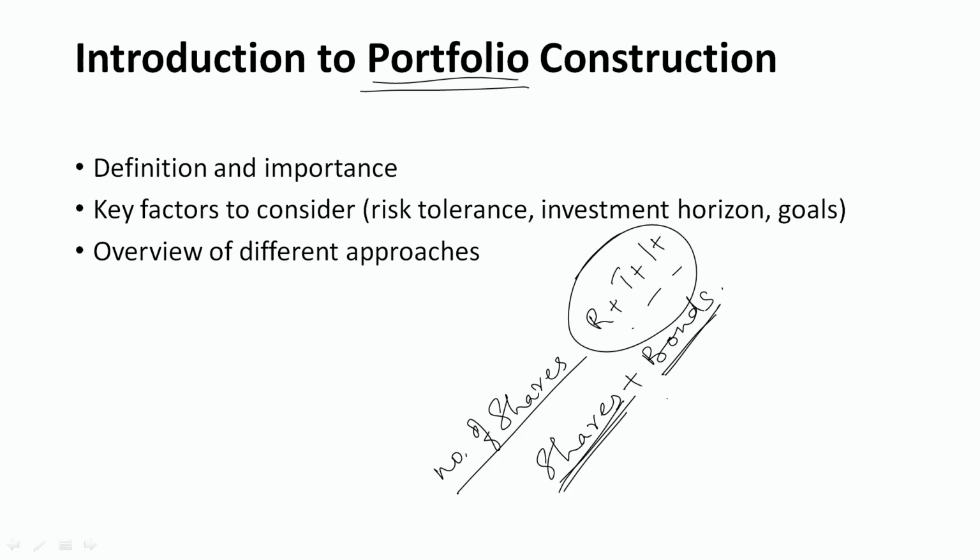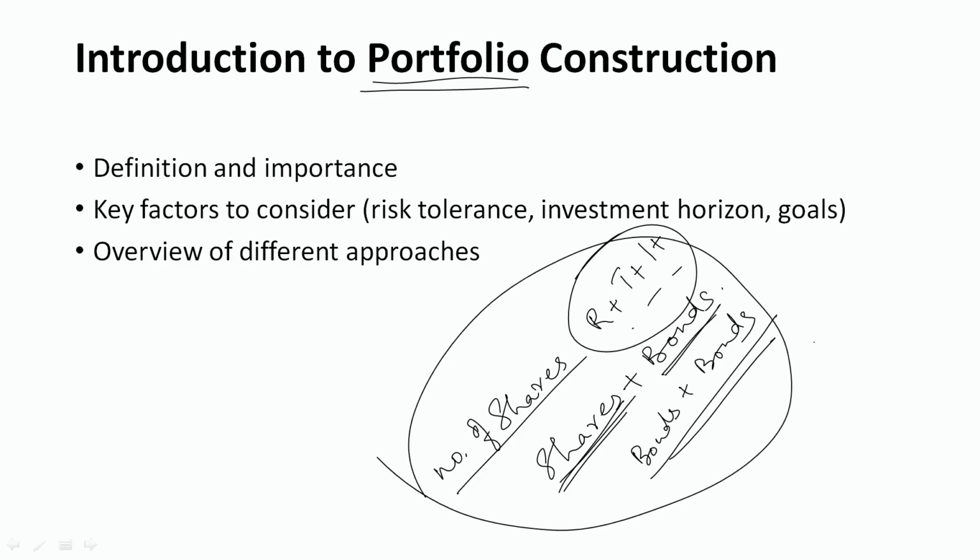So, it could be a combination of these two, or it could be a combination of bonds and bonds where I am not ready to take high risk. Okay. So, anything of this nature. Any combination of this nature can be considered as portfolio, and I can very well have more than one portfolio in my overall investment strategy.